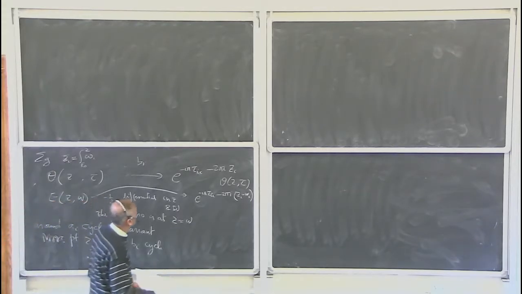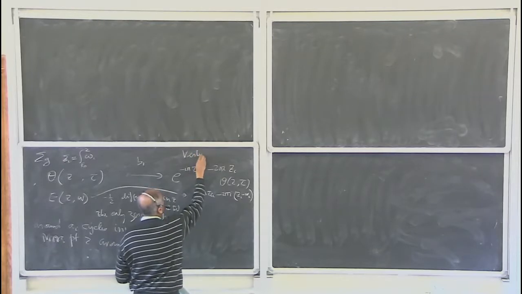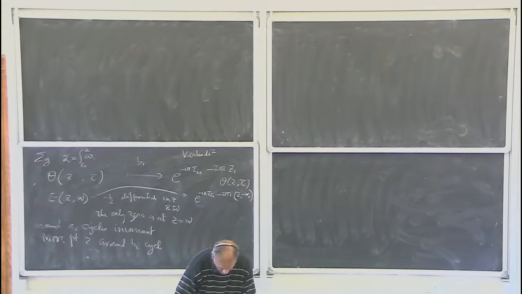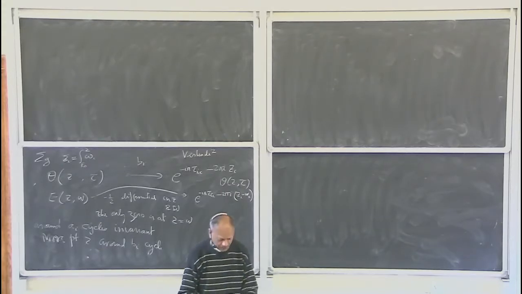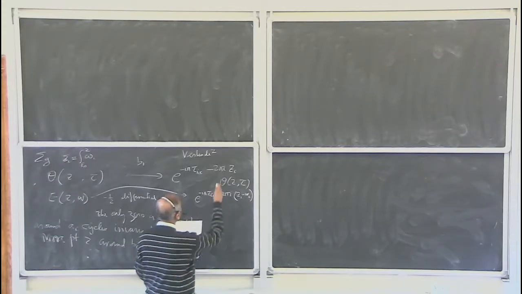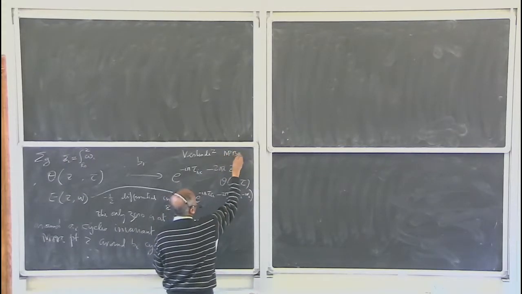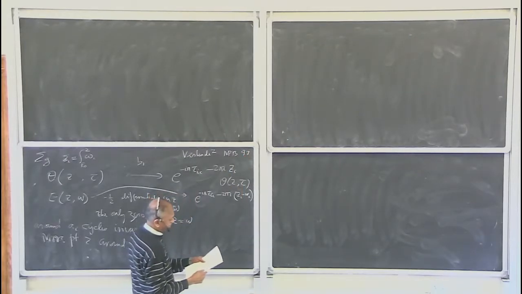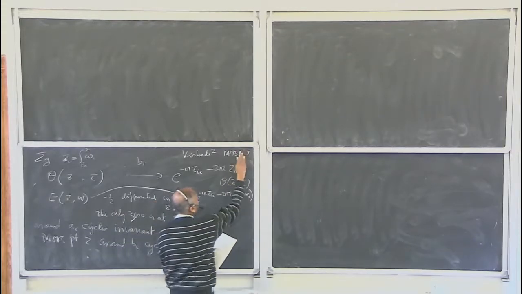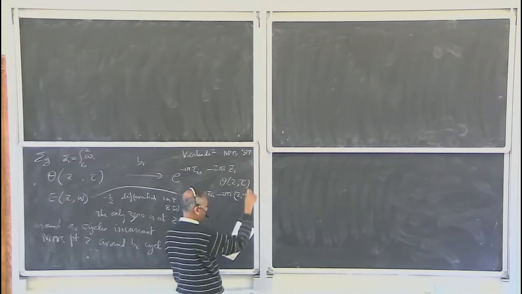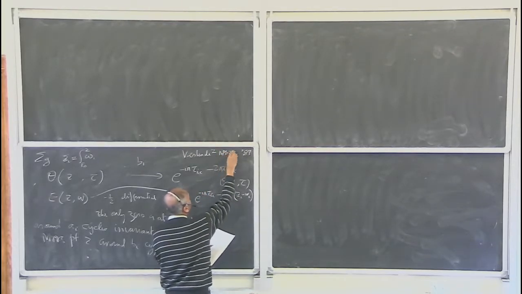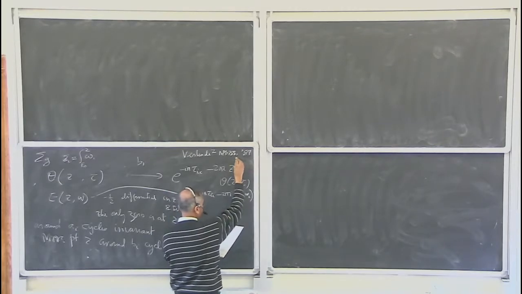It's all given in Verlinde's paper, Nuclear Physics 1987, volume 288, page 357.